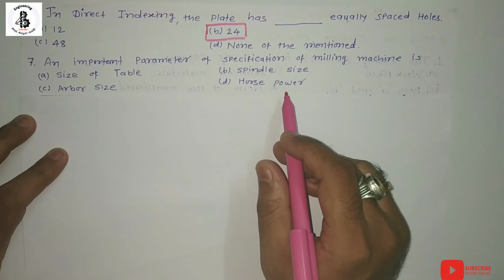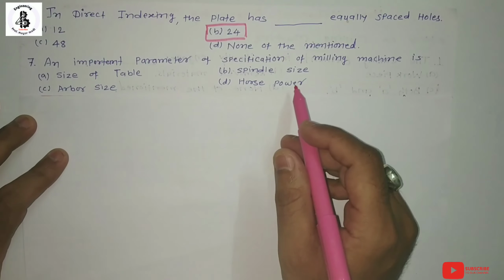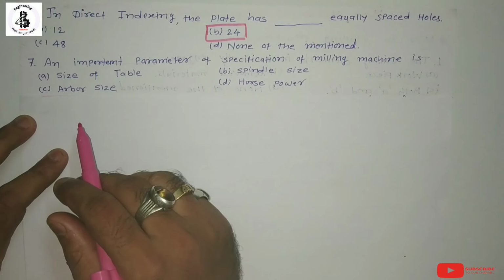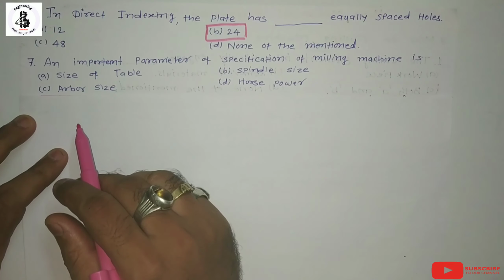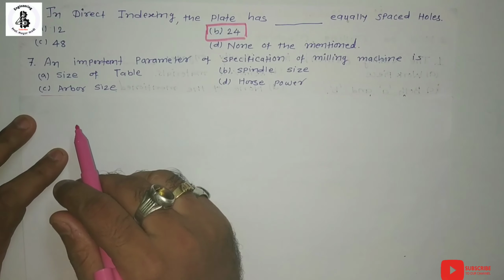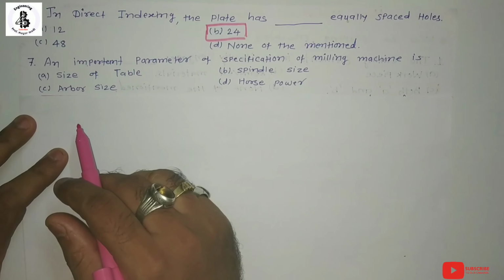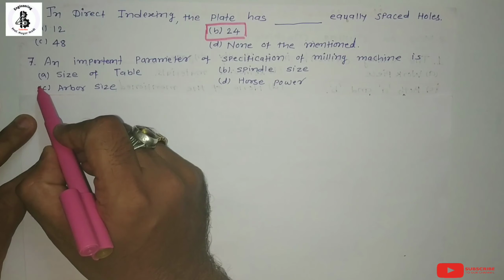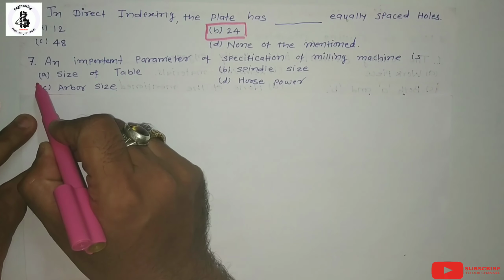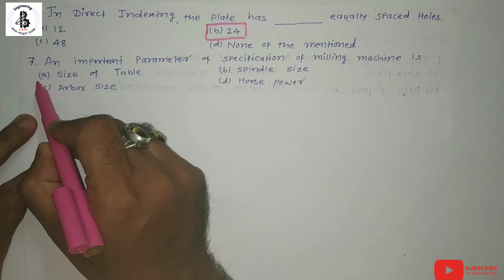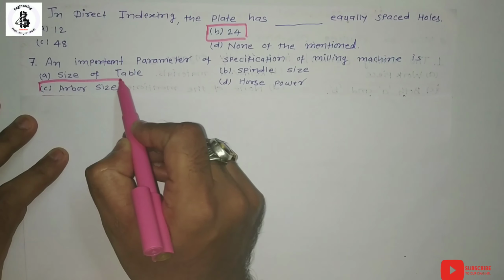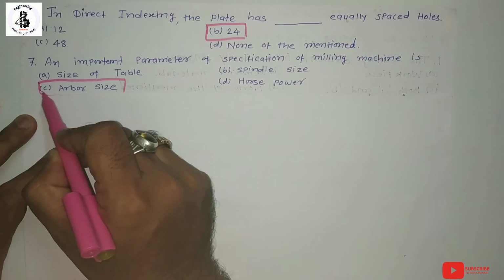So basically, in case of the important parameters of the specifications of milling machines, the main thing is Arbour size. On the Arbour, the milling cutter is mounted. So the right answer, according to these options, will be Arbour size.